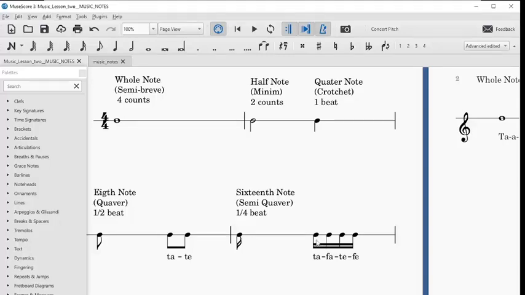You see they have 2 flags. This is different from this. These are 2 flags. This is 1 flag. So these are semiquavers joined together. These are 4 of them. I hope this is clear and we understand.